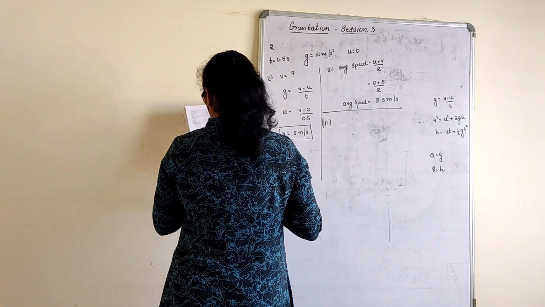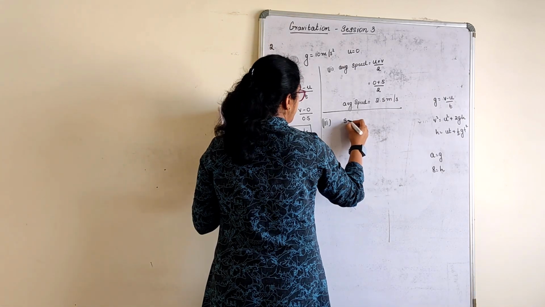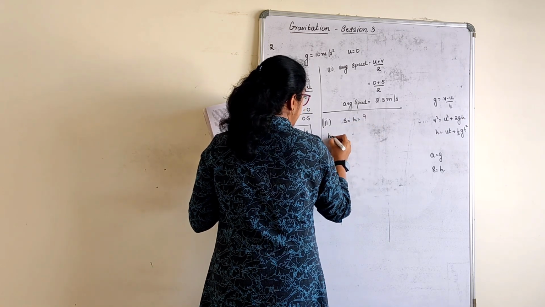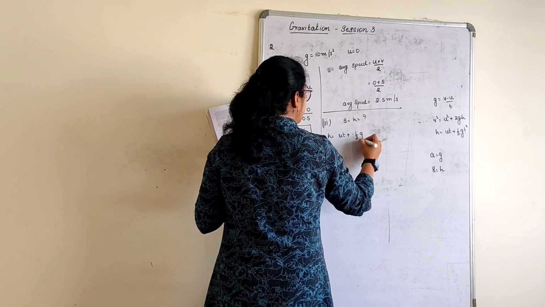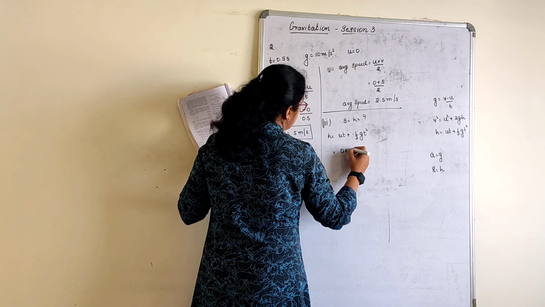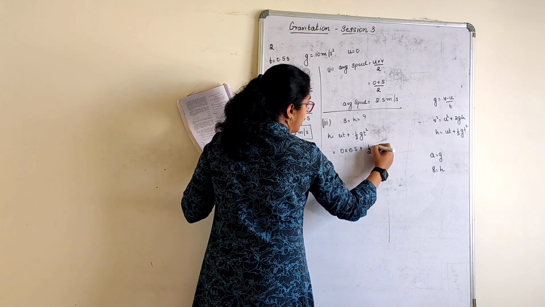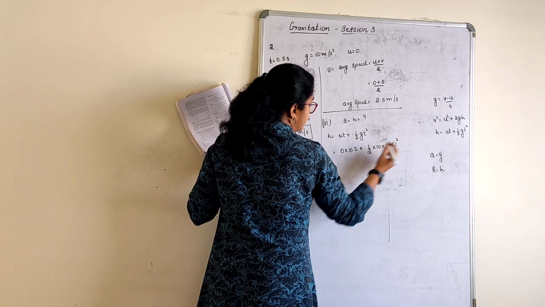Third part, what have they asked? They have asked how high is the ledge from the ground. How high is the ledge from the ground, s is equal to h, question mark. h is equal to ut plus half gt square. So u is 0, we'll just write it since it is 0 anyhow, doesn't matter. Half into 10 into 0.5 square.